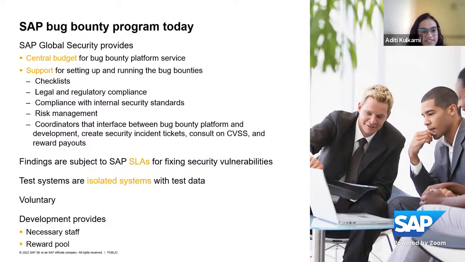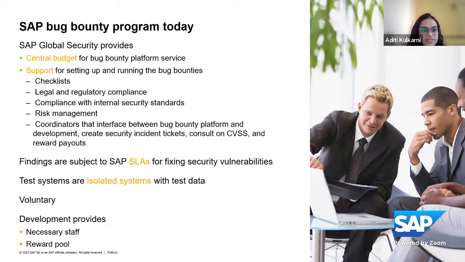And then there is risk management done, and we have coordinators in the global security team that act as an interface between the platform and the development teams, so that the collaboration is smoother when we receive findings. The coordinators are responsible for creating internal tickets, discussing the vulnerabilities and the CVSS score, and finally, once the issues are confirmed, rewarding the payouts.